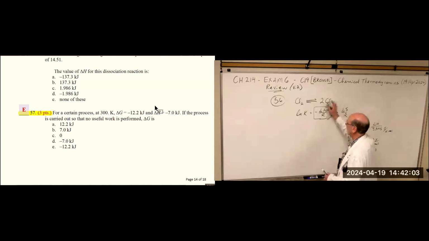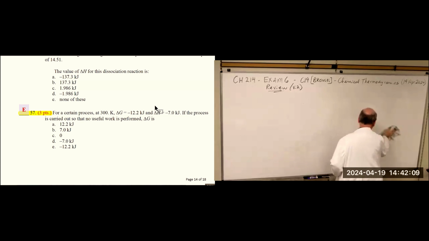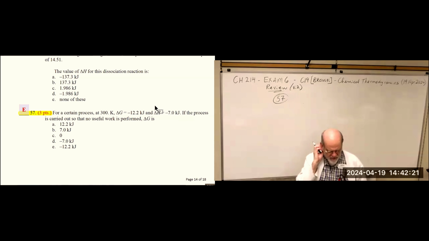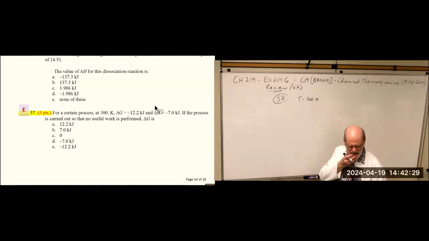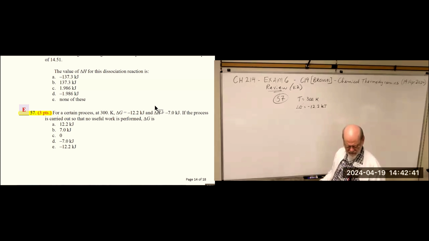Number 57. Okay, for a certain process at 300 K, temperature equals 300 K, delta G is minus 12.2 kilojoules, and delta H is minus 7 kilojoules.